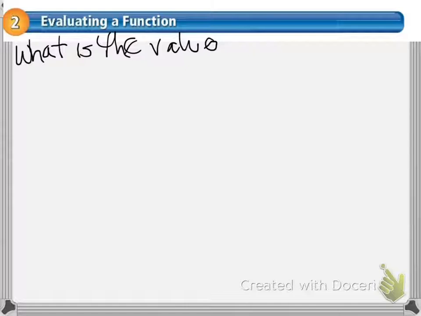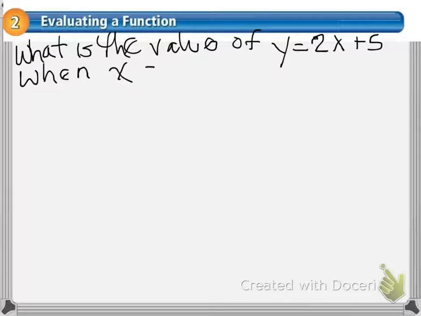Example 2, evaluating a function. Let's ask what is the value of y equals 2x plus 5 when x equals 3. Now that's a good question. That's evaluating a function. Well, what do we do first?